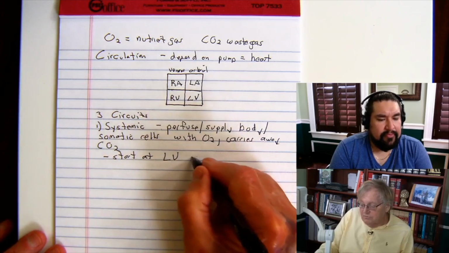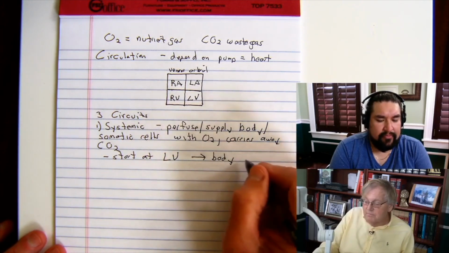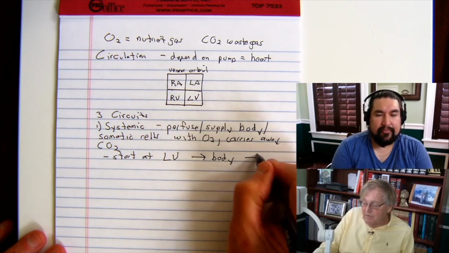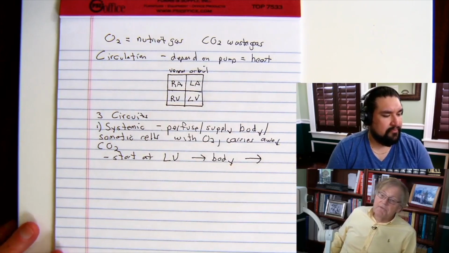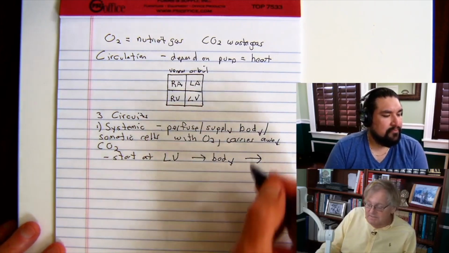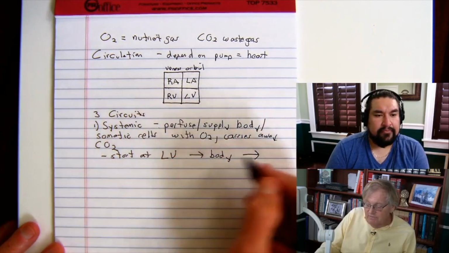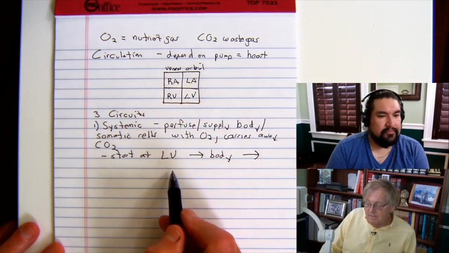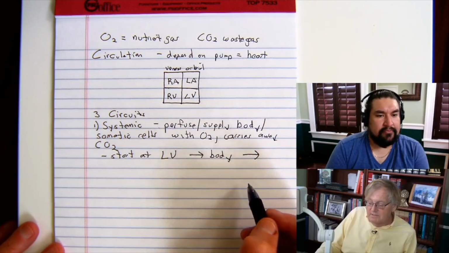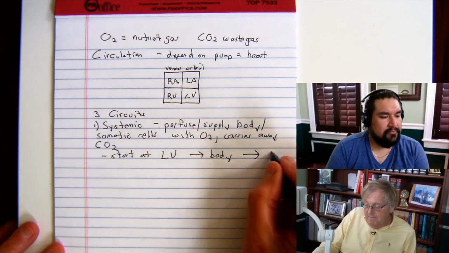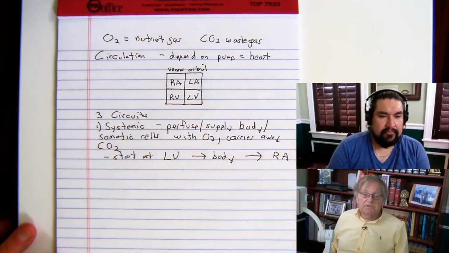It's going to go through the body and supply or perfuse the body cells with oxygen, pick up the CO2, and send that blood back to the right atrium. So starting at the left ventricle, supplying the body with oxygen, picking up the waste gas CO2, returning that blood back to the right atrium. So that's going to be the systemic circuit.